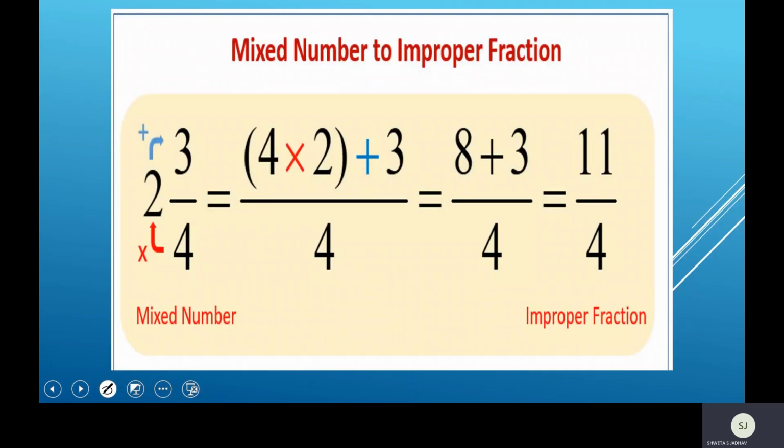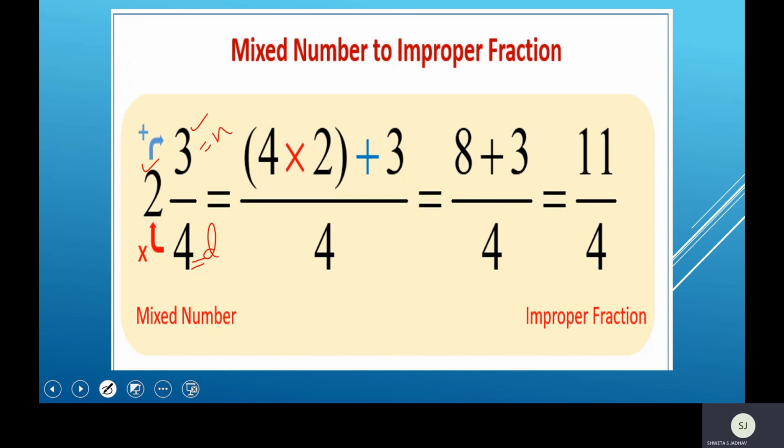Now what if we have a mixed fraction and we need to convert this mixed fraction into improper fraction? Now as we know, a mixed fraction will be having one whole number and one fractional part. So we have to multiply this whole number with the denominator 4, and then add the product we get to the numerator, which is 3 here.